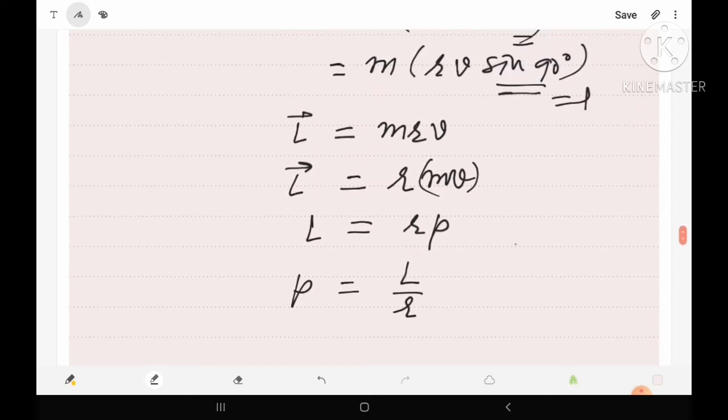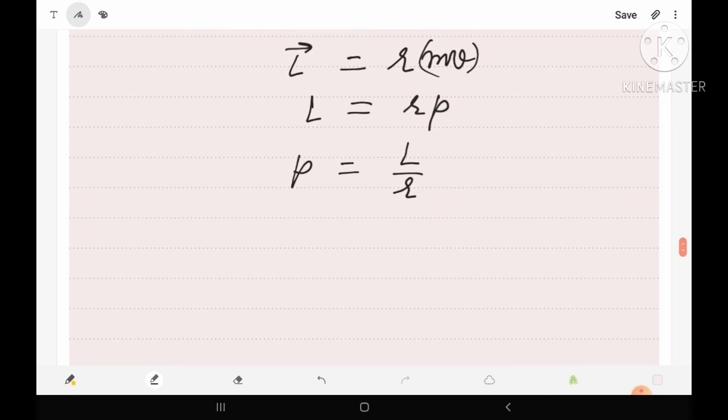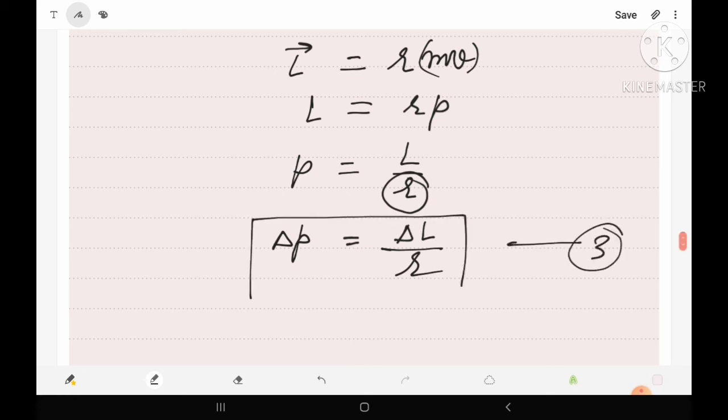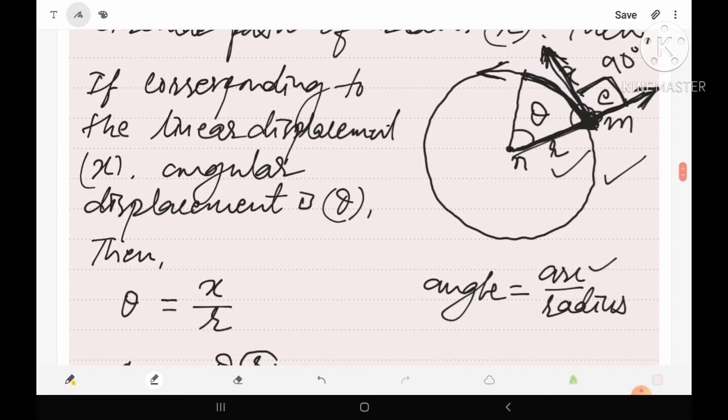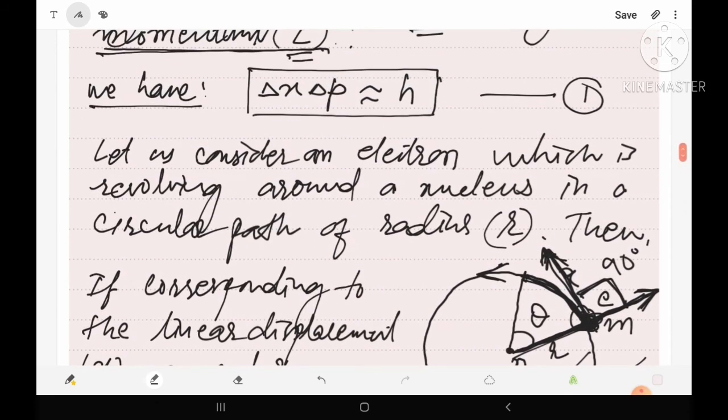Now again let us change the left hand side, that is del P. Because r is the radius, which will be constant, only L will change. So del P equals del L upon r, suppose equation number 3. From equation 3 the value of del P, and from equation 2 the value of del x, let us substitute in equation number 1.